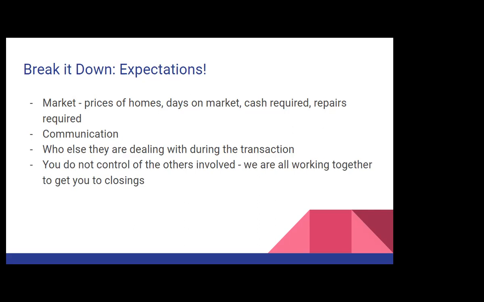No. So one of the expectations that I've really honed in on lately is helping them understand we're all a team. We're all working together to get them to closing. However, I am not in charge of them, but we're all going to work together to handle any hiccups that come up. And guess what? With 20 people touching something, there's probably going to be a hiccup. But don't fear, we'll talk through it and we'll figure out a solution. Then when a hiccup happens, Stacy told me this was going to happen. Stacy said it's going to be okay.